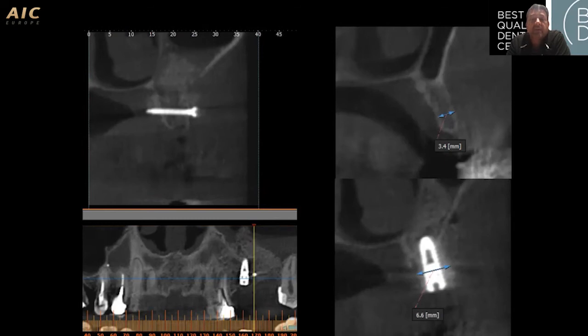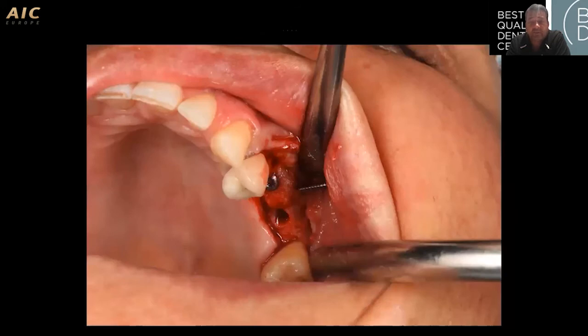So I think it's very good, and we can see also the sinus lift and bone graft over there. So we have the conditions to have some success here. After a few months, around 6 months approximately, we took the screw out, and we can see very good formation of bone, very stable and very hard bone.